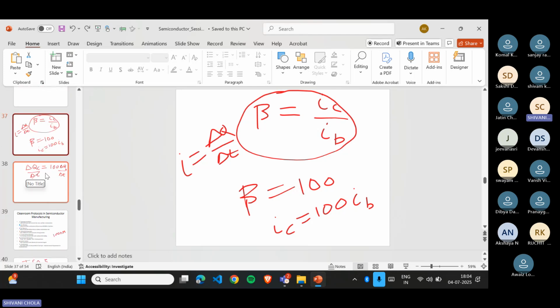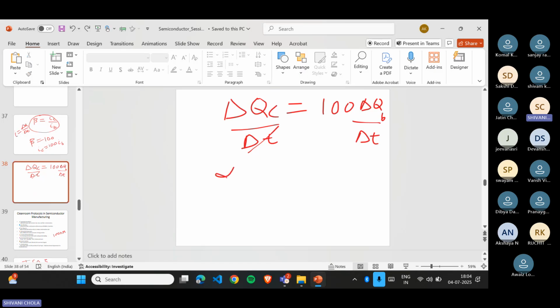And you also mentioned alpha, right? So if you recall, IC is equal to alpha times IE. Current from the collector is equal to alpha times the current through the emitter. I also mentioned that in a transistor, you prefer your alpha very close to one.